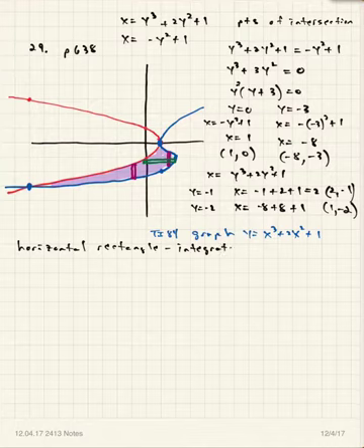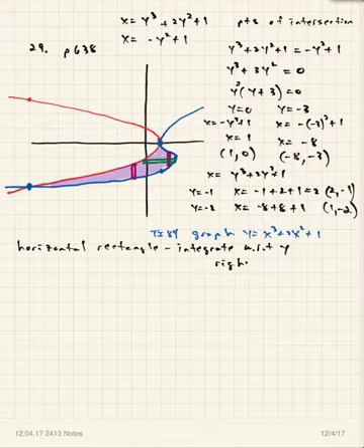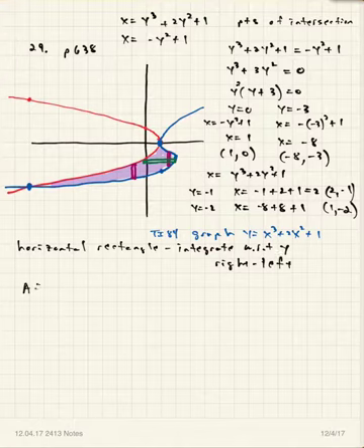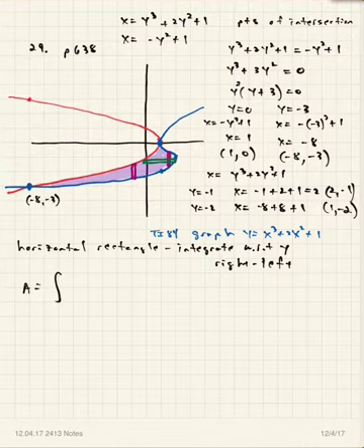Okay, so since I'm integrating with respect to y, remember this is going to be right curve minus left curve. All right, so the area of this region would be the integral from, remember that these points of intersection are at -8, -3, and at 1, 0.